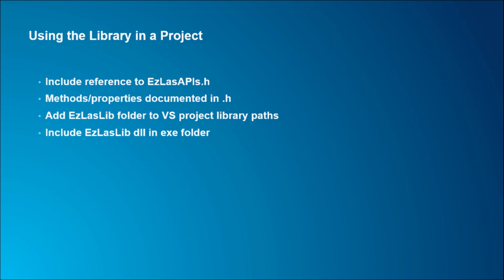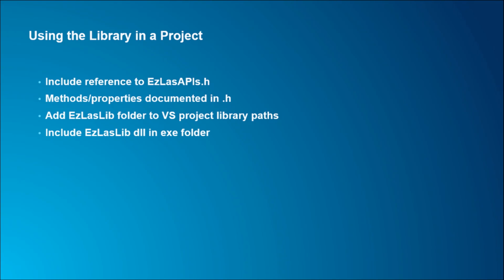To use the zLASlib in a project, it's really pretty simple. You just need to reference a .h file. That .h file contains all methods and properties, and there's documentation provided for every method in the .h file itself if you were to take a look at that.